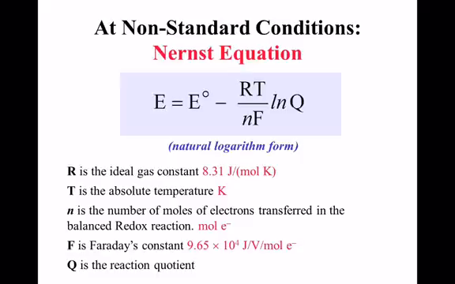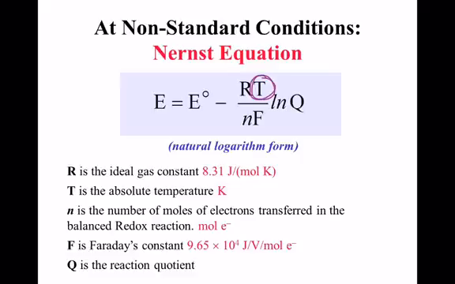So I went on the internet and found a source that, if you're interested, shows how that works. But the Nernst equation deals with non-standard conditions. Non-standard in concentration, and actually it could deal with non-standard temperature too. But in a minute, we're going to fix the temperature at 25 degrees Celsius, just like we do.